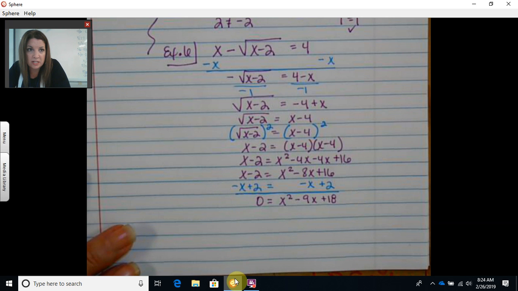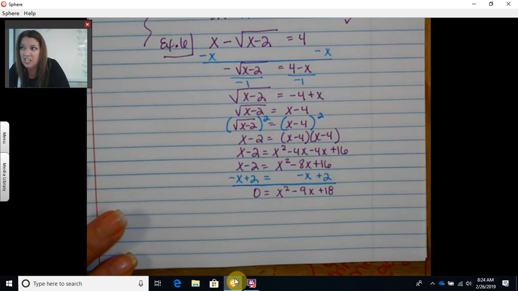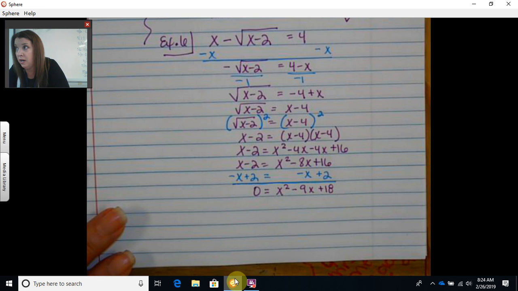Does that have a greatest common factor? Nope. How can I solve a quadratic? Factoring or quadratic formula or completing the square. If it's factorable, that's what I prefer. And if it's not, then I prefer quadratic formula. But I keep saying that because I want you to remember you have all those options, right?